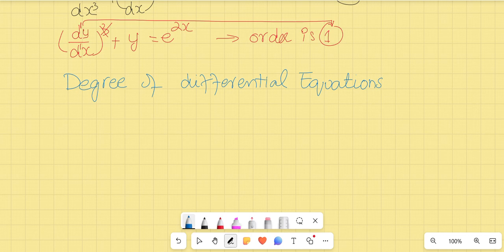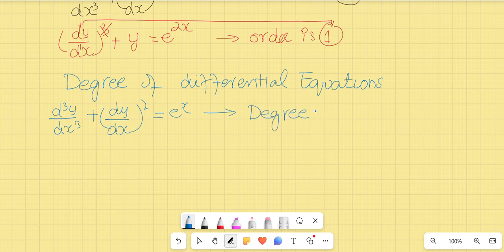For example, let's say we have d cubed y over dx cubed plus dy by dx squared equals e power x. In that case, the highest derivative is 3, its power is 1, so the degree is 1. You will not say that the degree is 2 in that case.